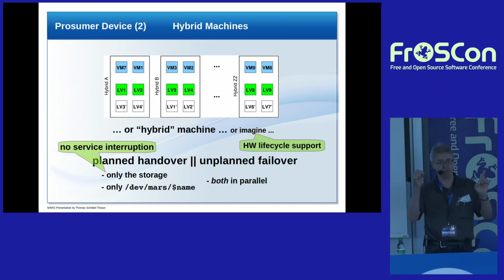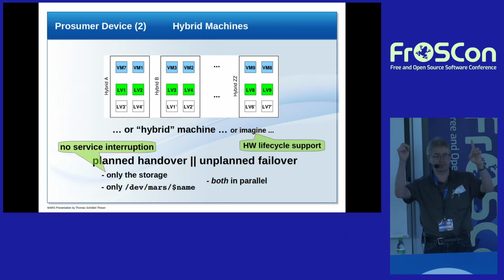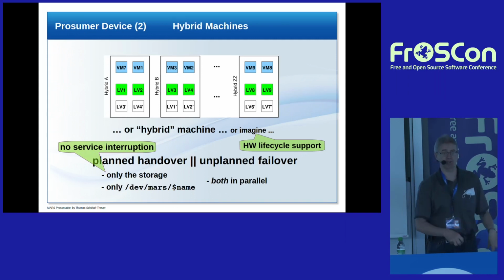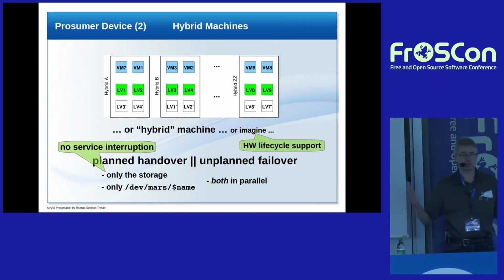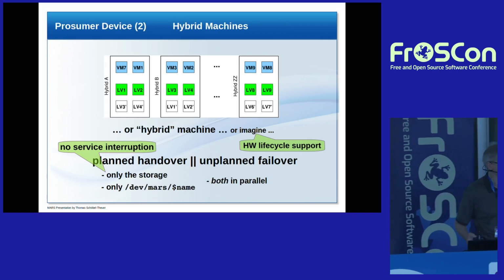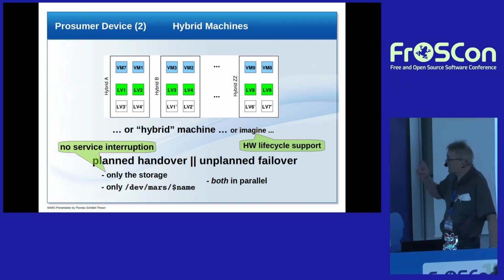You can independently change the location of the /dev/mars virtual device via network connection from where your data is living, whether it's the same machine, the same physical box or not. This is the basic idea. Okay. And this is an example where you only have hybrids, but of course imagine whatever you need for your use cases. This is the basic idea.